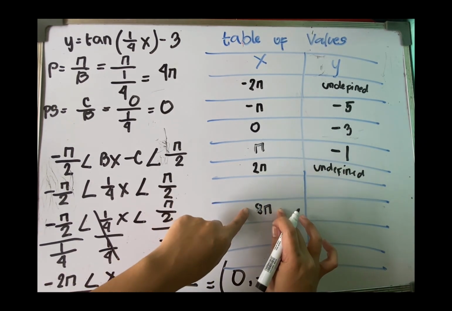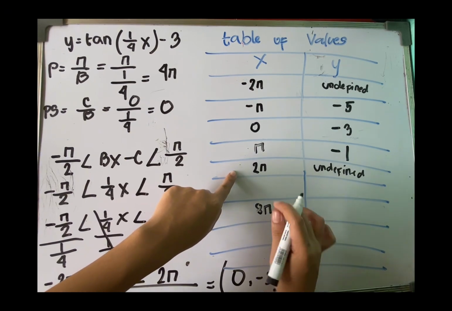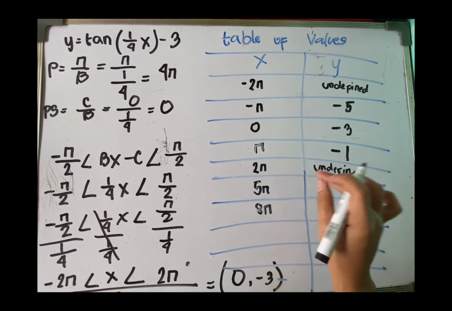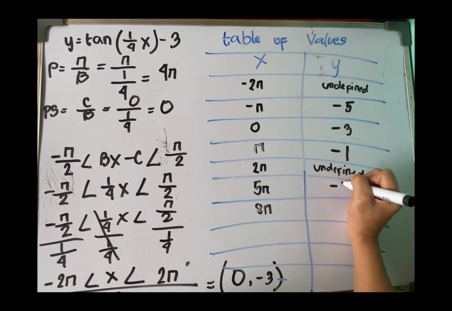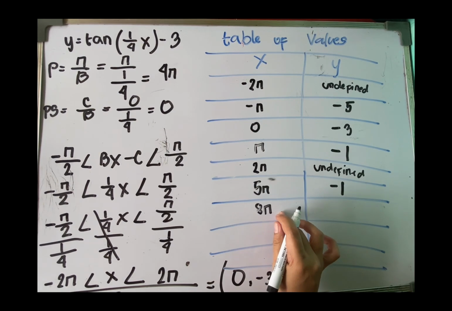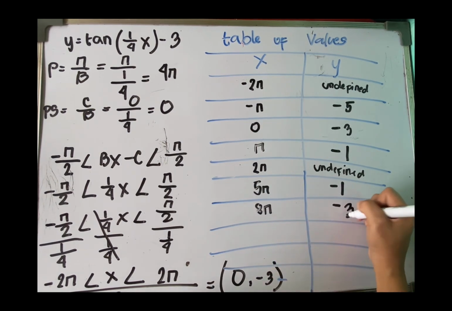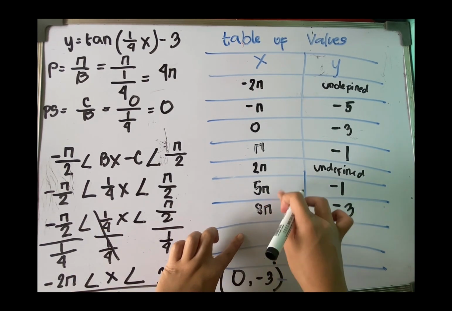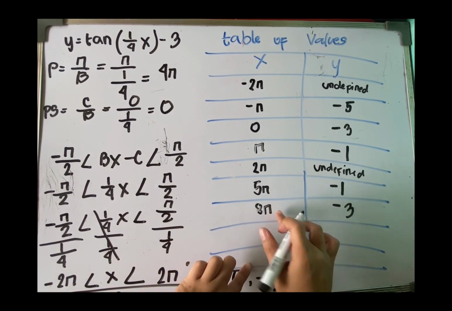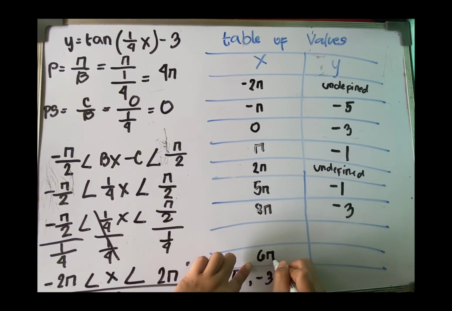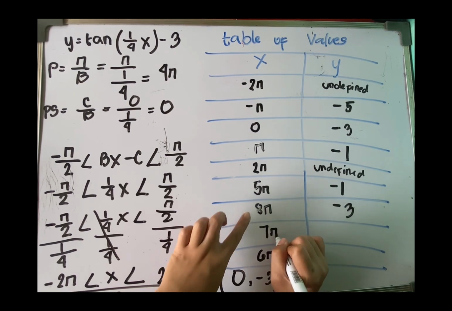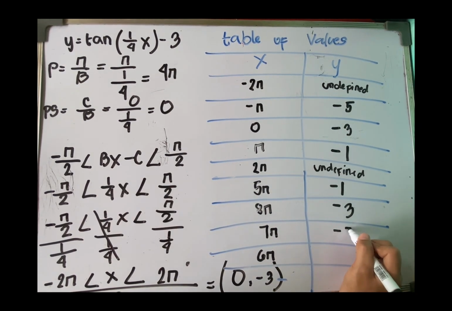We also add and divide by 2, so we get the 5 pi, and it is equal to negative 1, then it is equal to negative 3, and for the 6 pi, then we add, it is equal to 7 pi. That is our negative 5 and undefined.